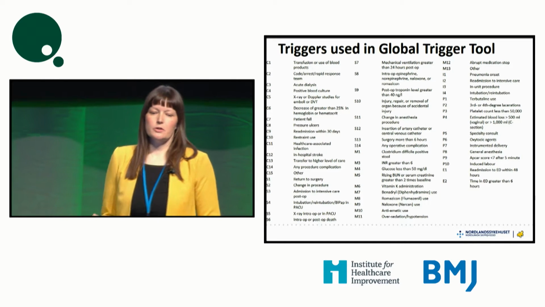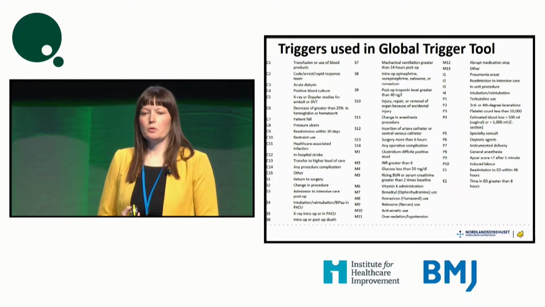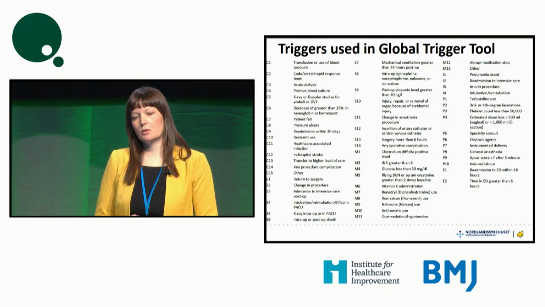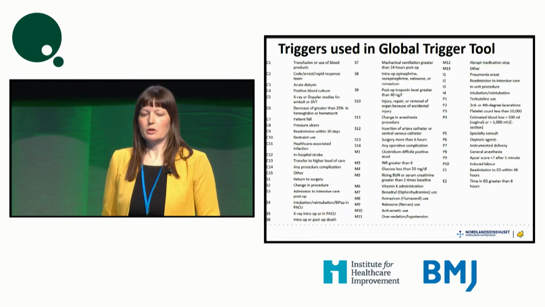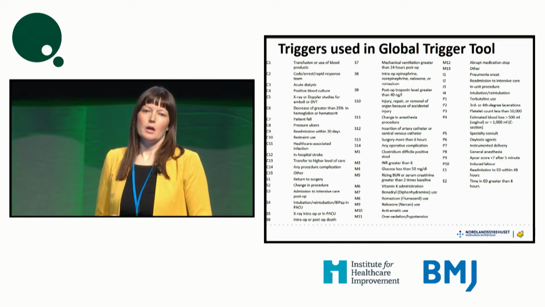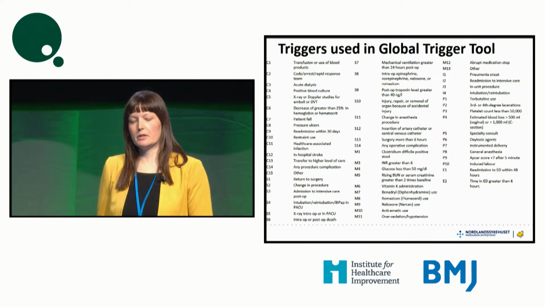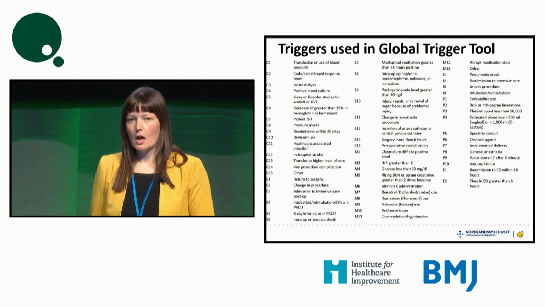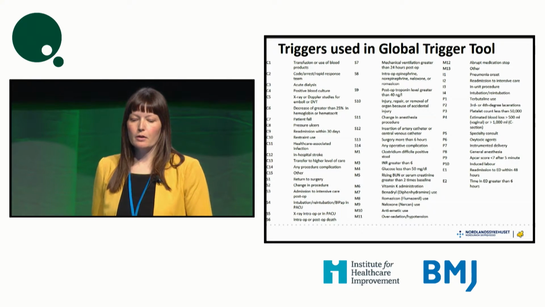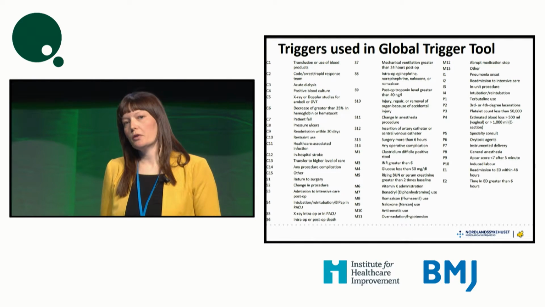The Global Trigger Tool is a manual retrospective review of the record, with 57 triggers in the Norwegian translation, which two primary reviewers search for in the records. They look for whether there has been a transfusion of blood products, or if the patient has fallen, or if there's been a reoperation, or things like that.